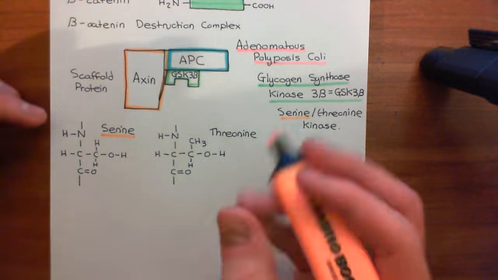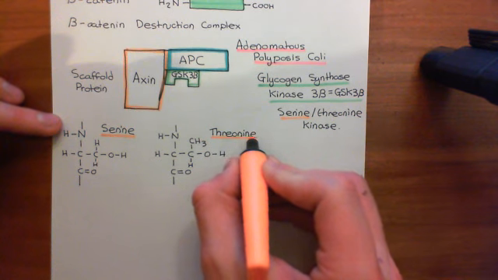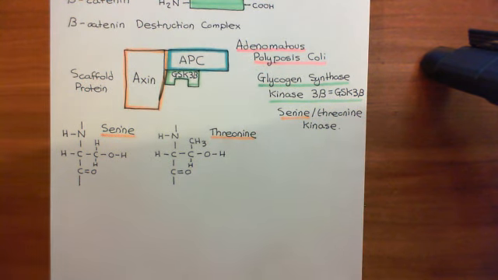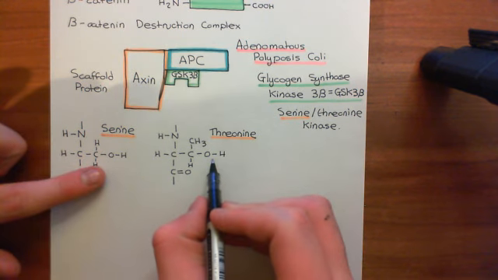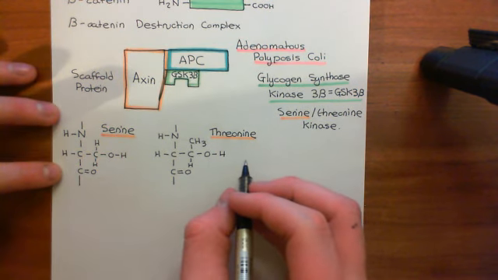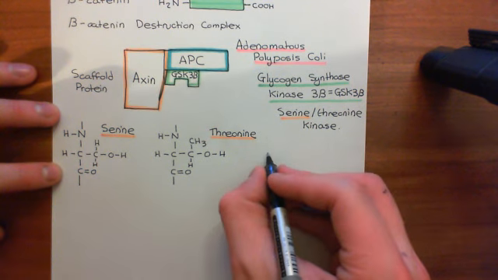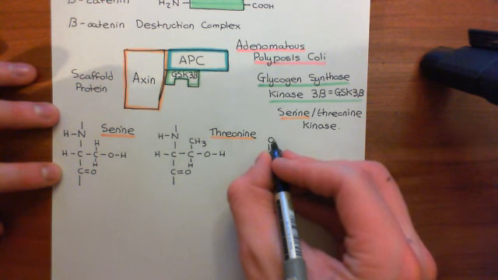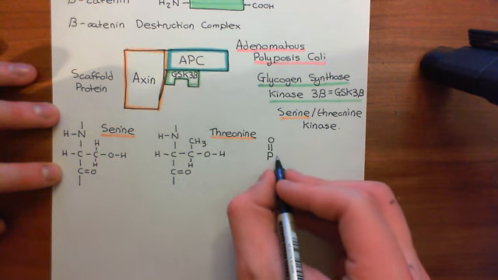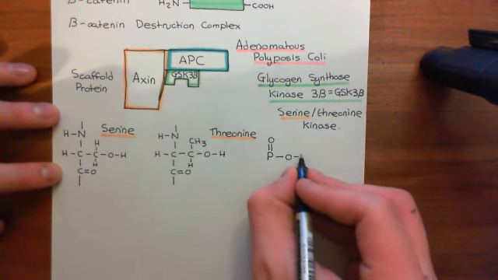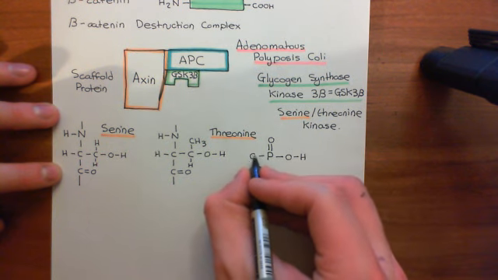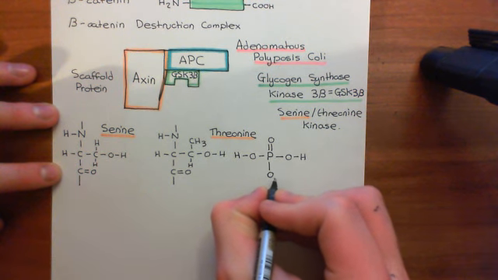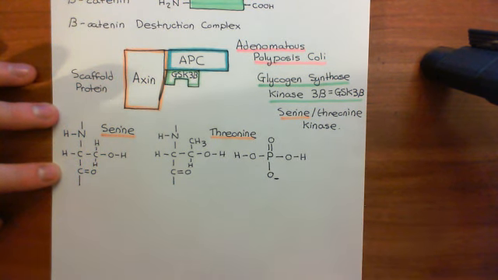So both of these residues can be phosphorylated by serine threonine kinase enzymes on their alcohol groups. Let me show you what this means. If we take a phosphate group here, a phosphate group consists of a phosphorus atom double bound to an oxygen atom with an alcohol group coming off it, another alcohol group coming off this side, and then a single bond to an oxygen atom with a negative charge coming off it, like so.